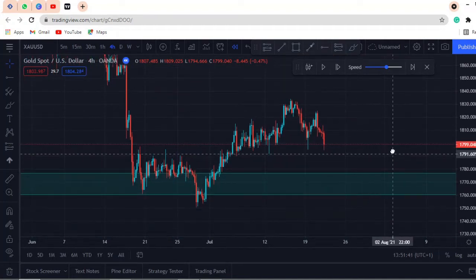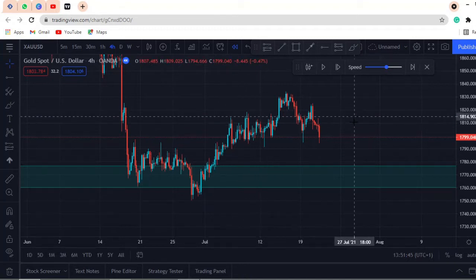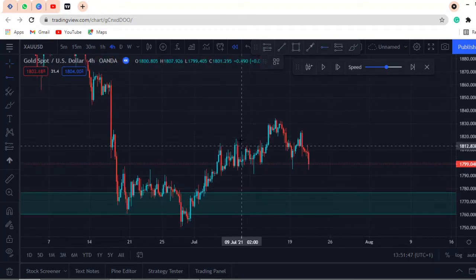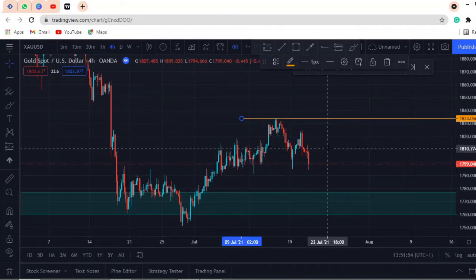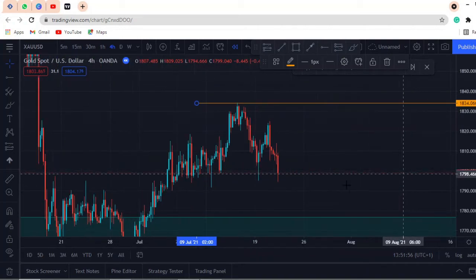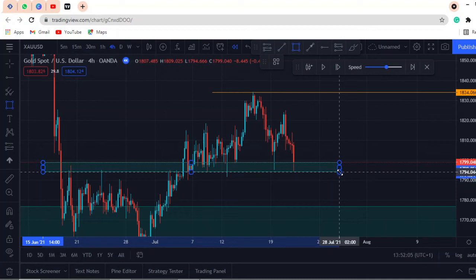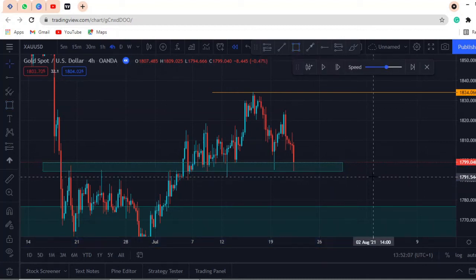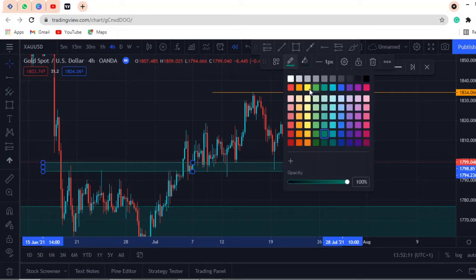On the 4-hour time frame you can see this movement here, so we can draw another one here. Gold might come all the way here to go up, or it might just change the direction and go up, because if you look keenly here, you notice some sort of a zone.